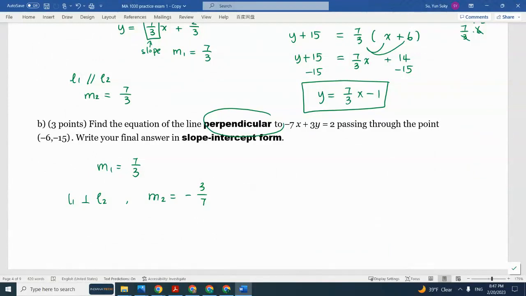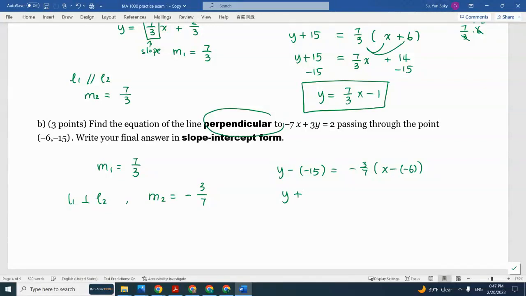All right. And then they pass through the same point. So y minus the y coordinate, -15, equals the slope, -3/7, times x minus the x coordinate, -6.